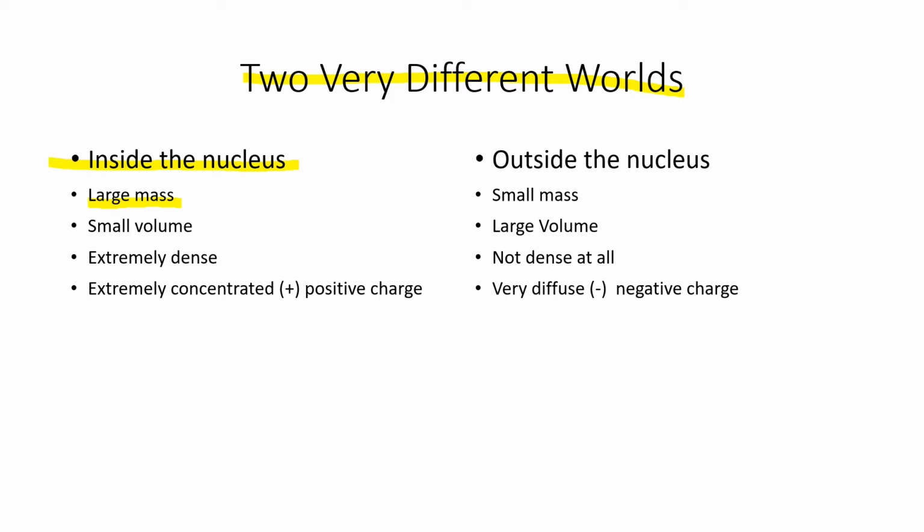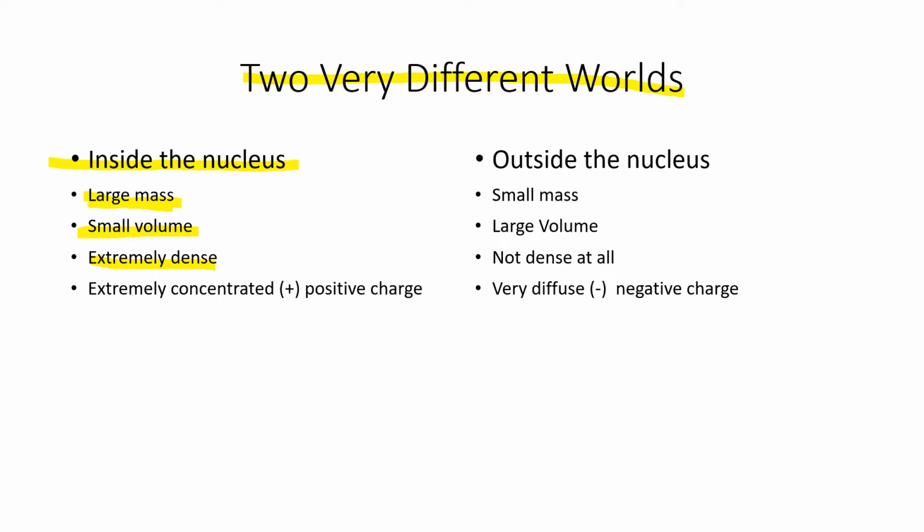It's in the nucleus. So it has all the mass located in the nucleus, but go back to that visualization of the pea and the rest of the stadium. Remember, the nucleus is that pea. So even though it has a very, very large mass, it has a very, very small volume associated with it. We kind of go back to something that we've talked about previously: density. A large mass and a small volume makes things extremely dense.